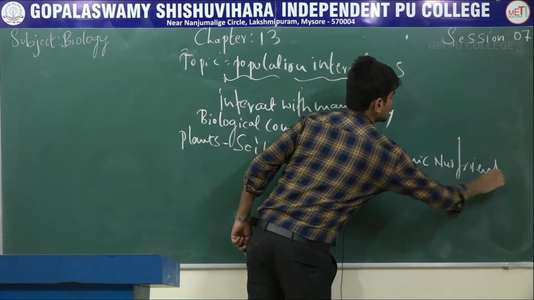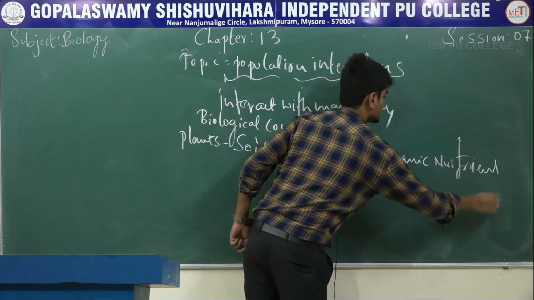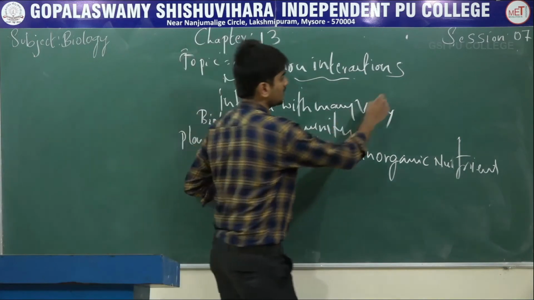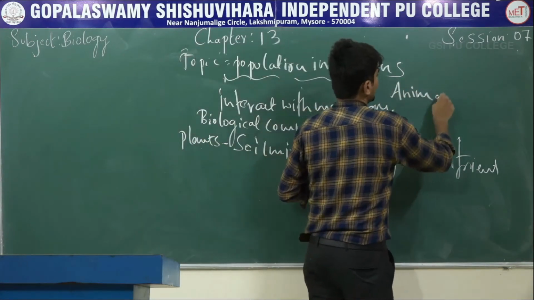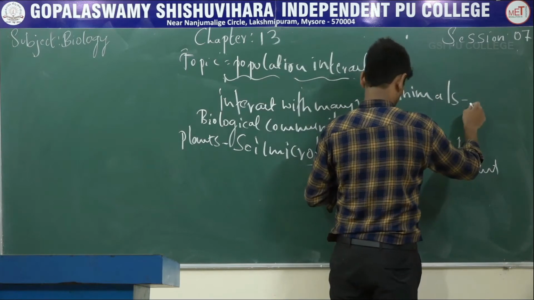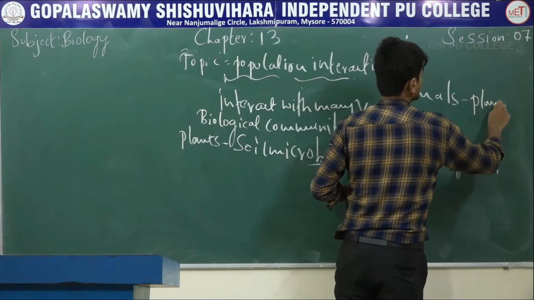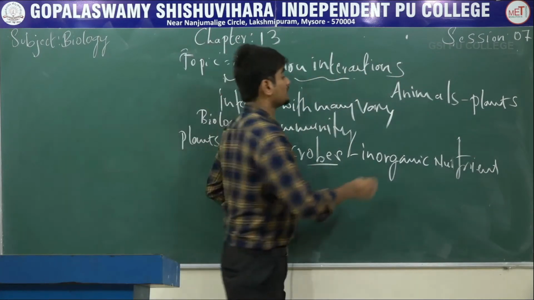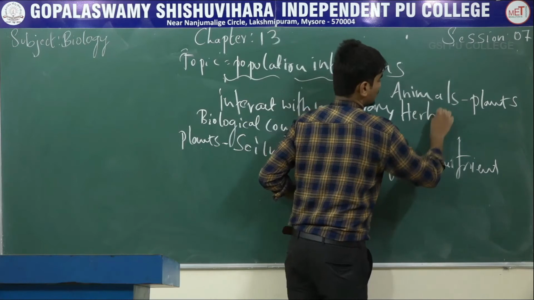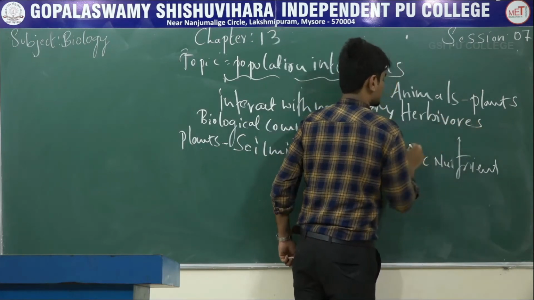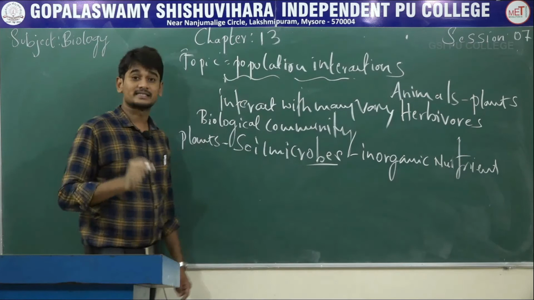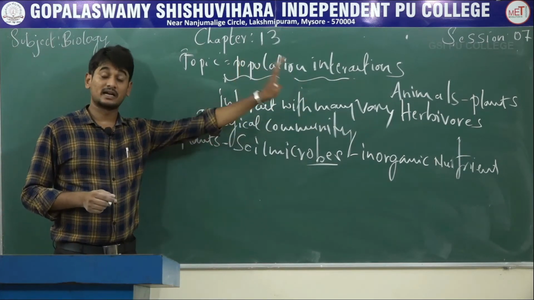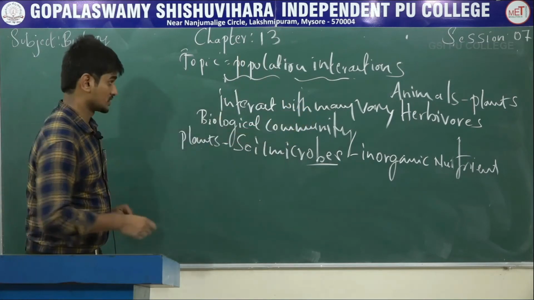And some animals eat plants. This type of animal is categorized separately as herbivores. For example, a sparrow eating a fruit or seed.